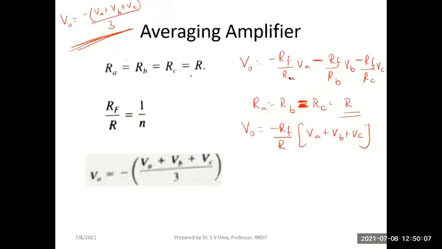So if you just equate RA, RB, RC to a resistance R, you take out the common factor minus RF by R and you add all the three voltages.